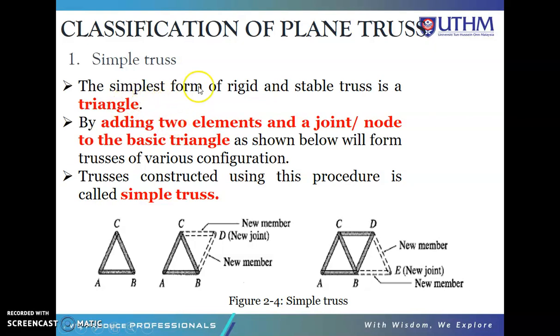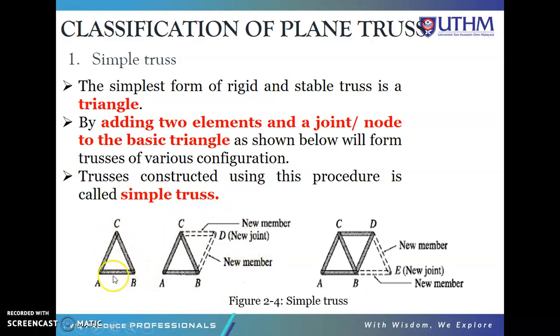So the simplest form of a rigid and stable truss must be a triangle. This is the more stable truss. And by adding two elements and a joint, or knot, to the basic triangle, as shown here, this truss is called a simple truss.